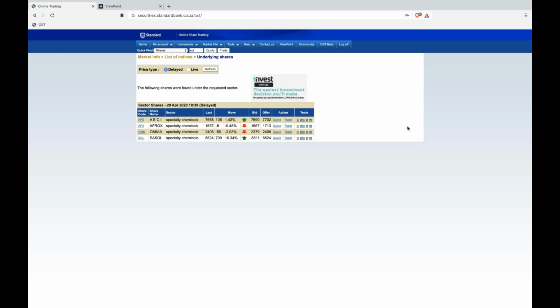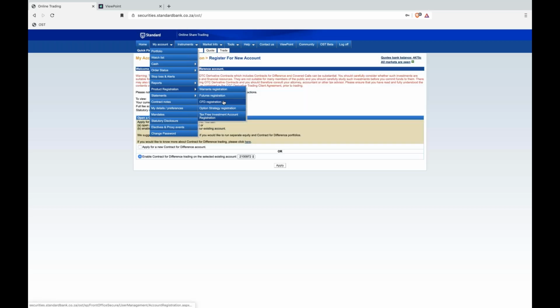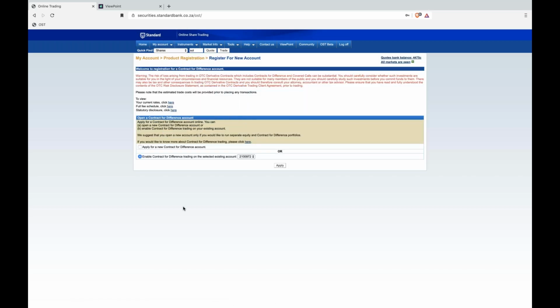Mark, if you open a CFD account, will SB open a separate account in your portfolio? Yeah, so what you do is you go to My Account, Product Registration, CFD Registration, and what you're saying is enable CFDs on the existing account. In other words, use one of your existing accounts, or apply for a separate contract for a different account.